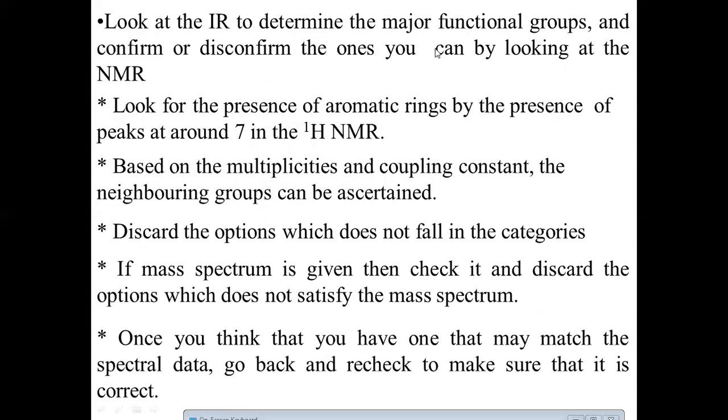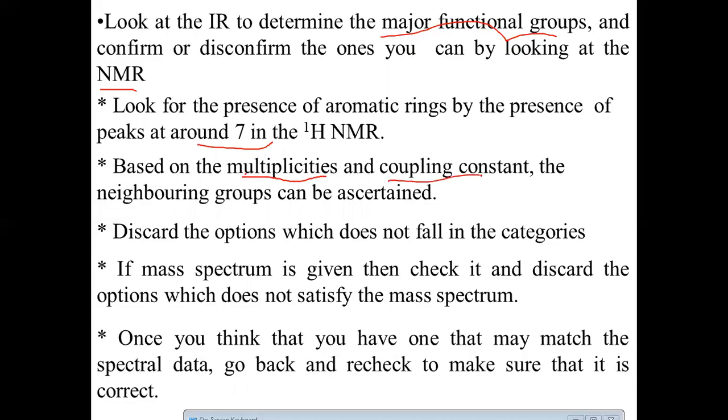Second, you look at the IR to find out what functional groups you have. The major functional groups you can check, and then confirm or disconfirm by using NMR. When you come to the NMR, the first thing is you look at the peak around 7 because that shows the presence of an aromatic moiety. And then you go for the multiplicities and coupling constants.